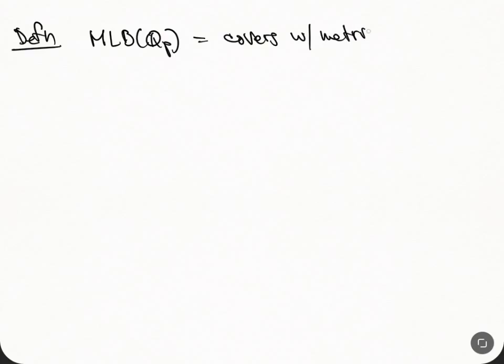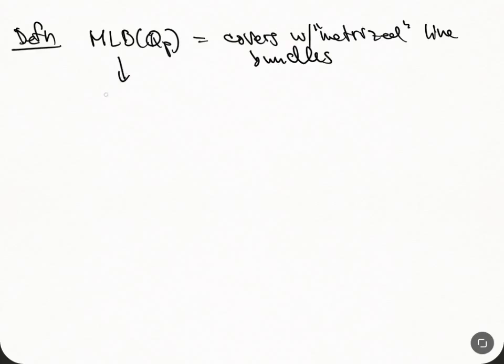Okay, so the next thing I want to define is another category. So we're going to define covers with metrized line bundles.